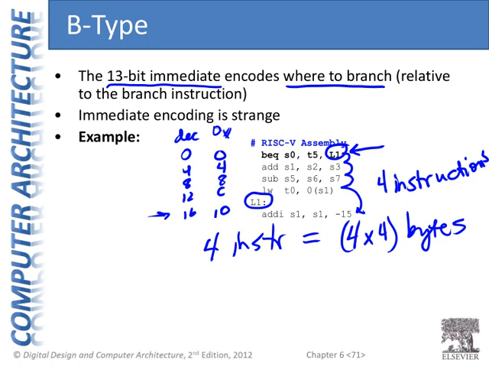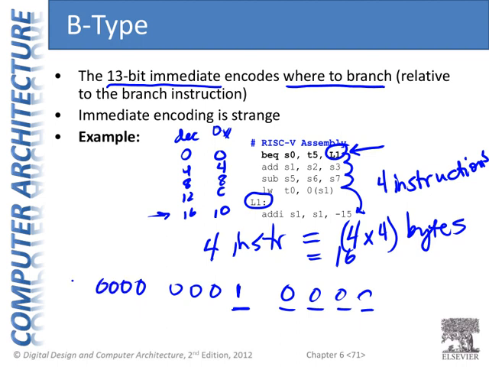So we have the number 16. So 1, 2, 4, 8, 16. We put a 1 there, and we fill out the rest of them with zeros. So here's our 13-bit value that we're going to encode.